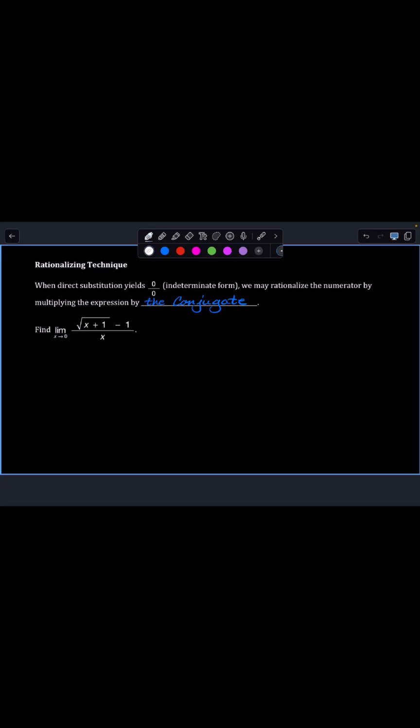Meaning, if I had x minus y, the conjugate would be x plus y. That's the conjugate.